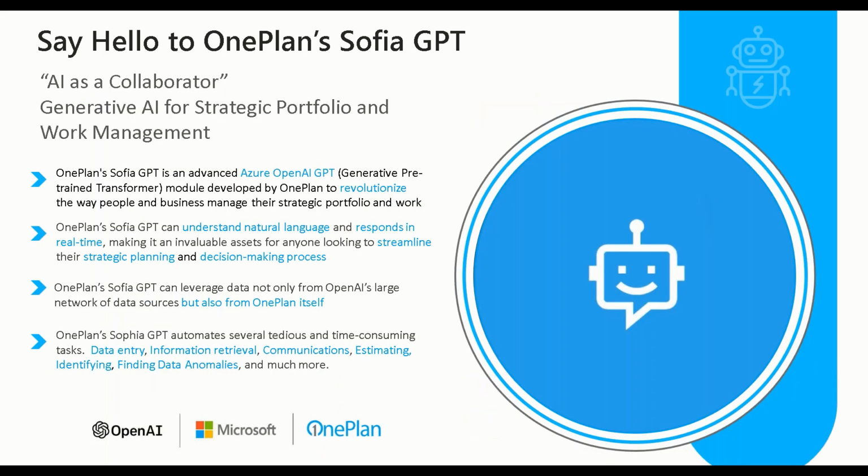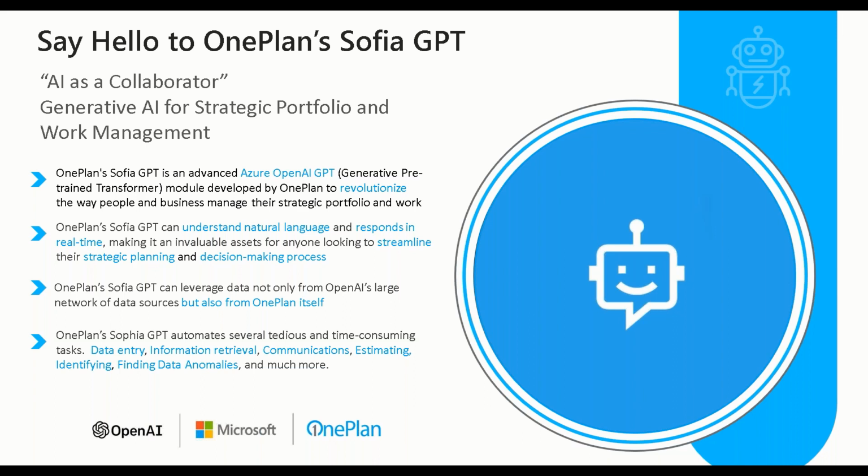So with that, for those that were part of the prior webinar or saw our press release, we have Sophia GPT, which is our generative AI collaborator capability within the OnePlan solution. Some important distinctions. We are integrating the Azure OpenAI GPT, which means that it is not the publicly available one from OpenAI.